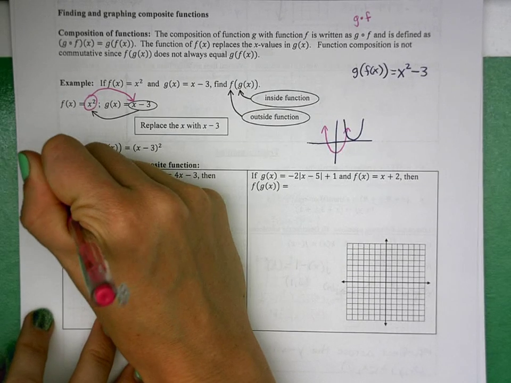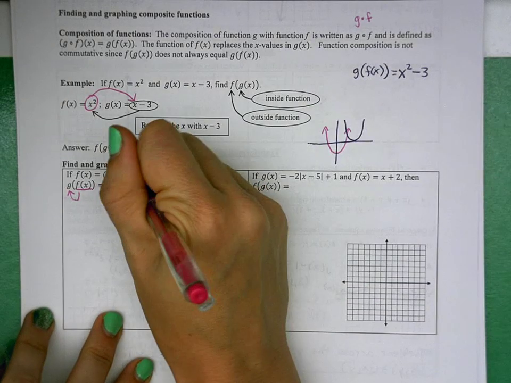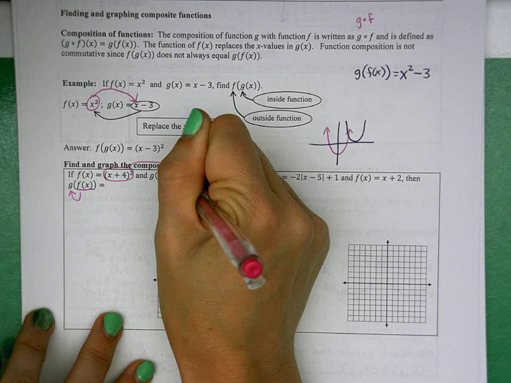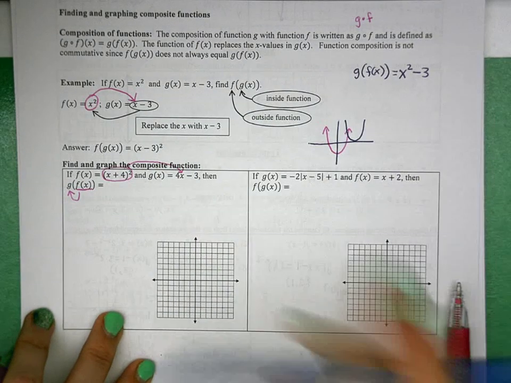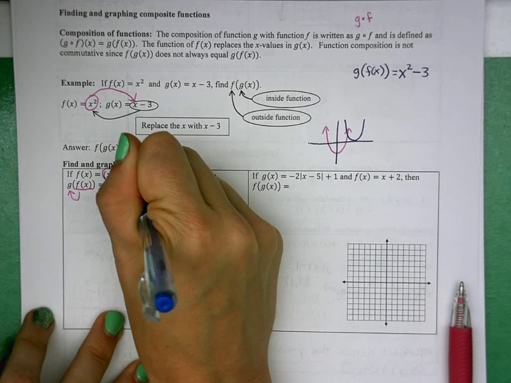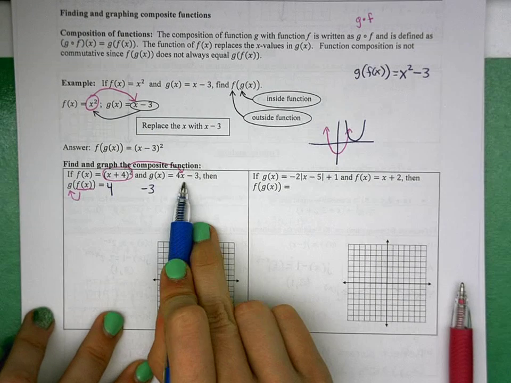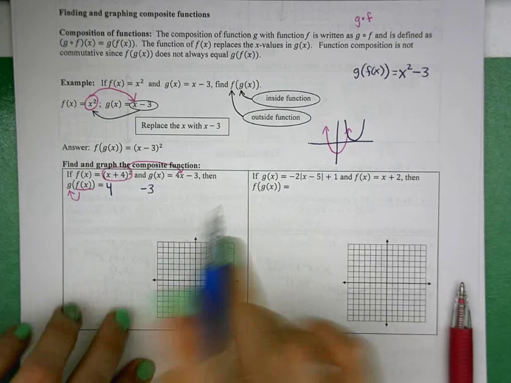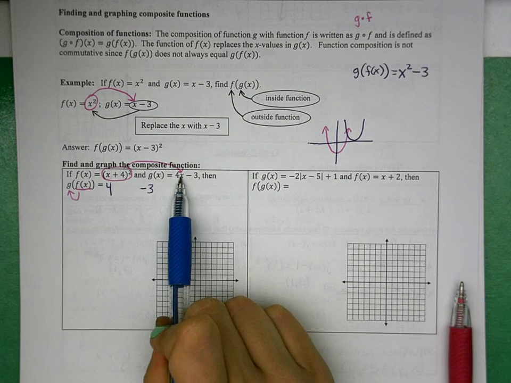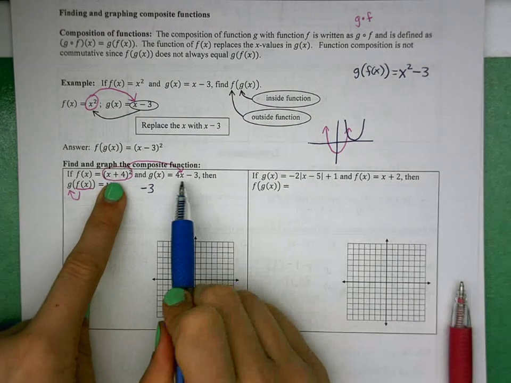So my f of x here is getting plugged into my g, which means in g, everything else is going to stay there, the 4 and the minus 3. But where I see an x, and if I have more than one x, I'd replace every single one of them. But where I see an x, I'm no longer going to write x. I'm instead going to write x plus 4 quantity squared.